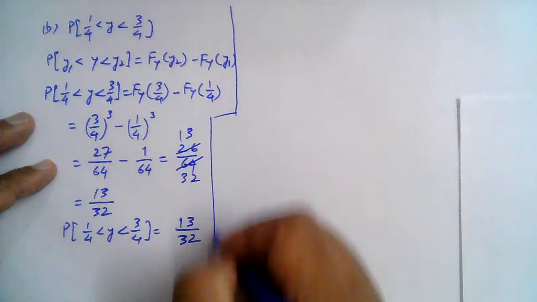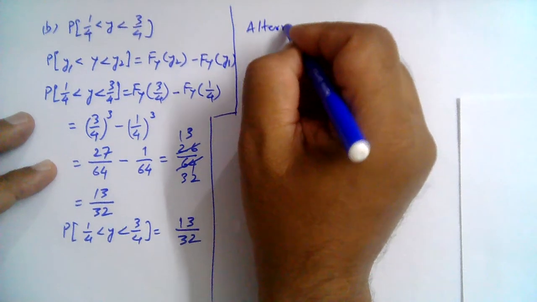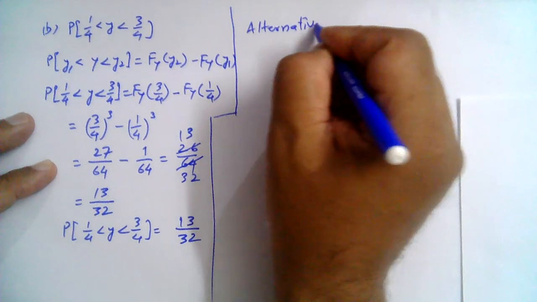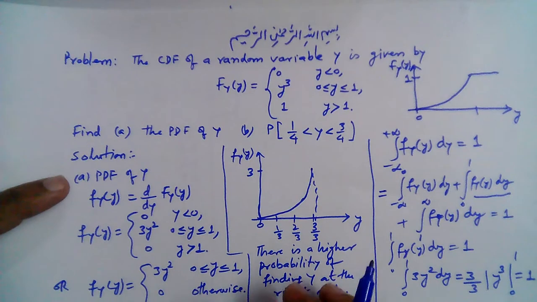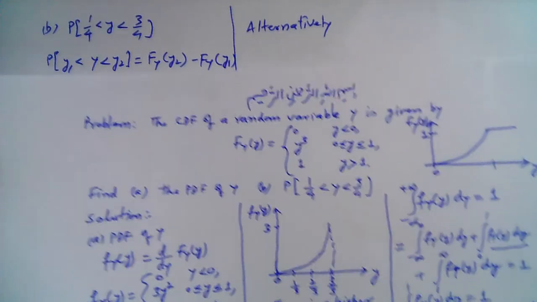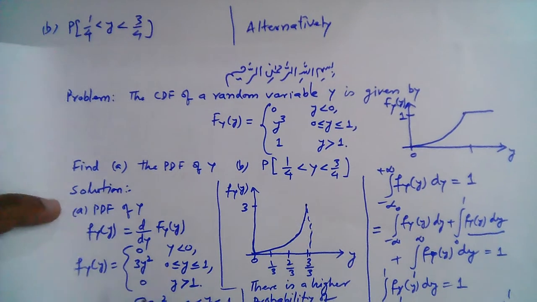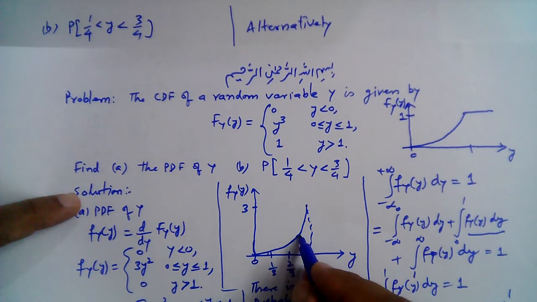using the CDF. So we can also find the same probability using the PDF. When we find it using the PDF, it means that the probability that y is greater than 1 over 4 and less than 3 over 4 is the area between 1 over 4 and 3 over 4 here, for example.